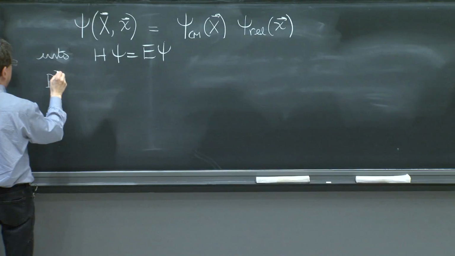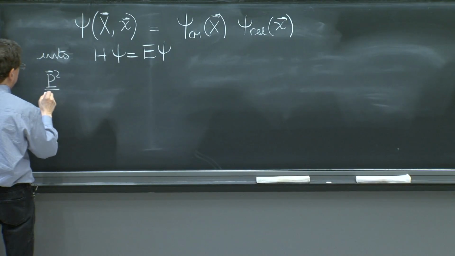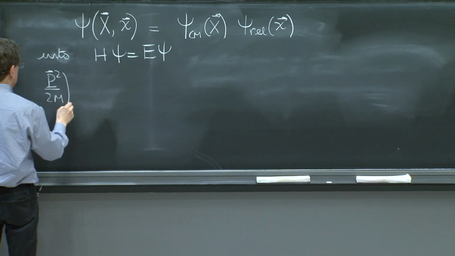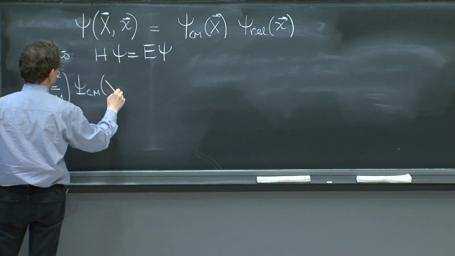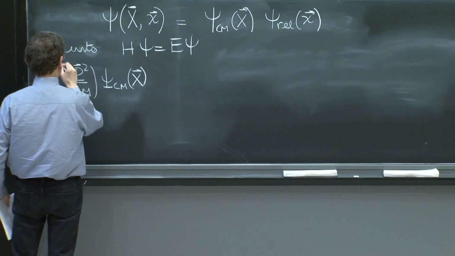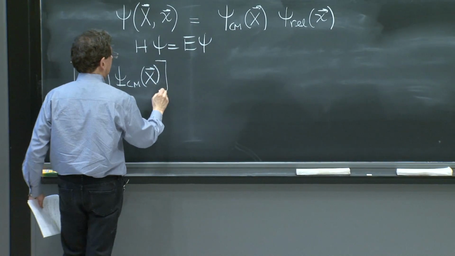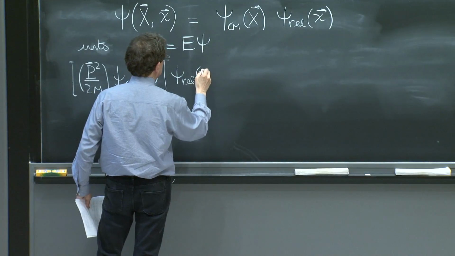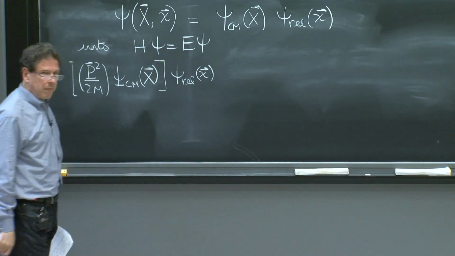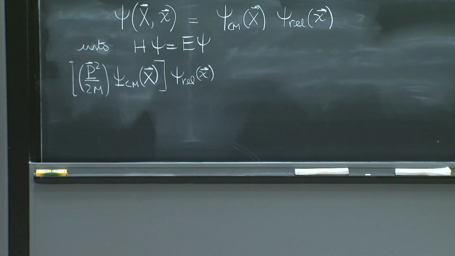So we'll have p squared over 2m acting on psi cm of X, and the relative wave function in that term just goes for the ride. So that's the first term in the Hamiltonian.